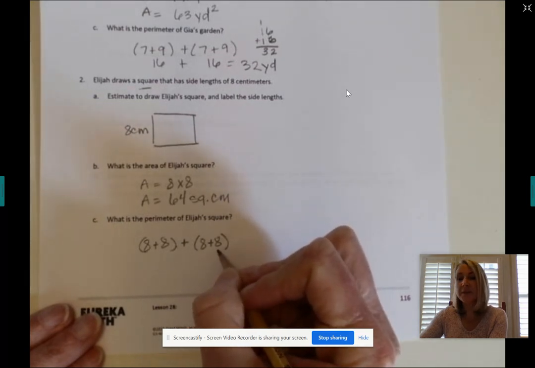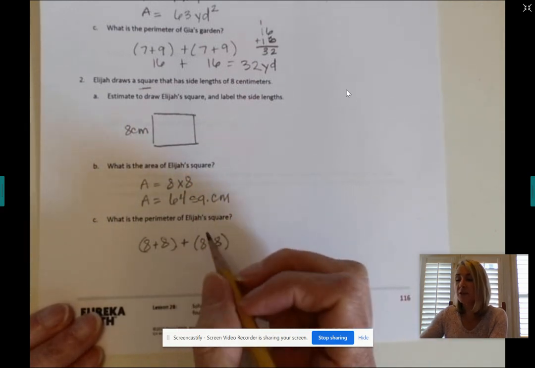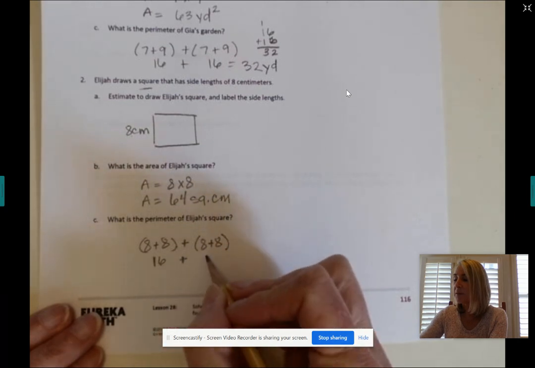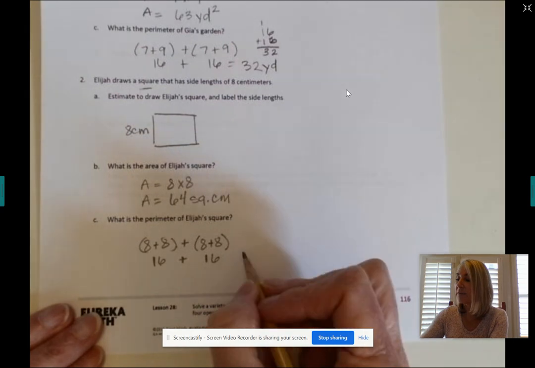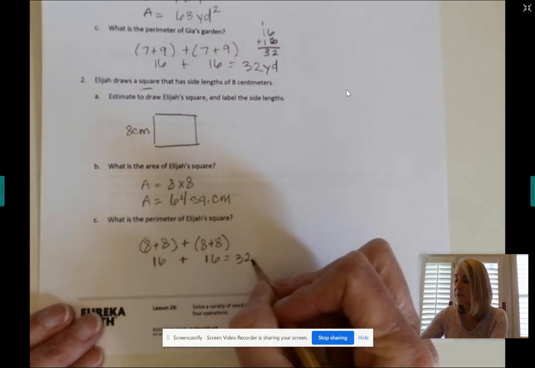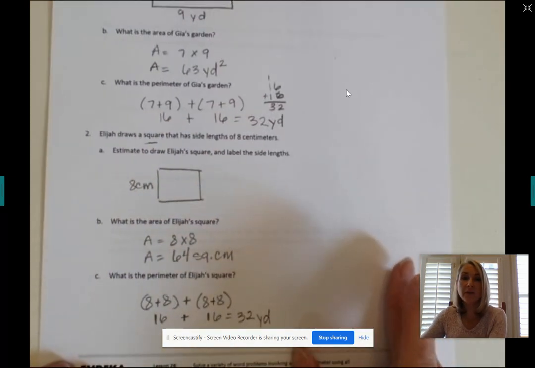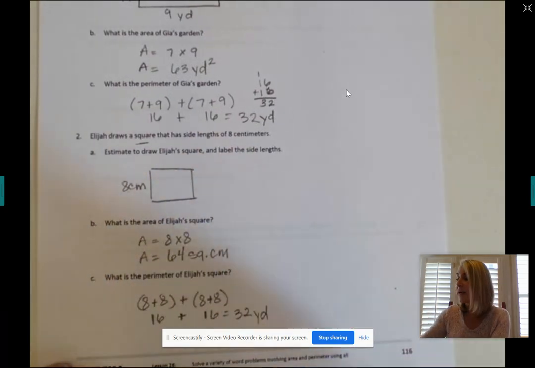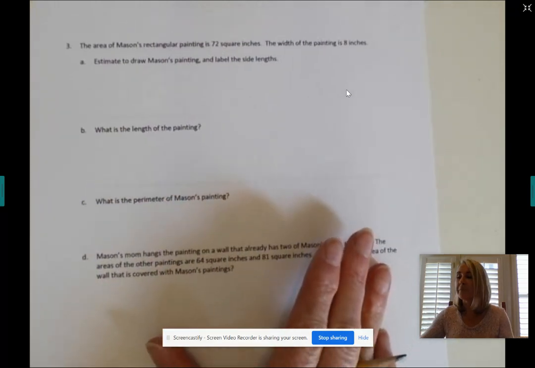Sometimes I'll do 2 times 8 plus 2 times 8, but in general, I like to keep it clean in my mind. So here we have the 16 plus the 16, which I recognize I have already done. So I also get 32 as the perimeter. So these two figures actually have the same perimeter and different areas, right? Which is something that we often see when working with both of them.